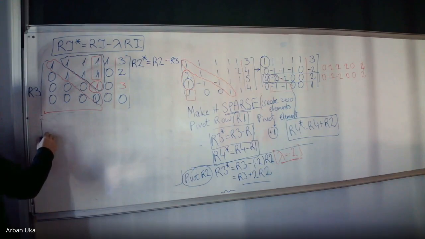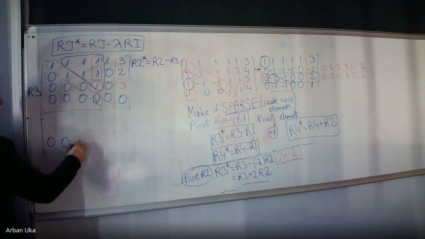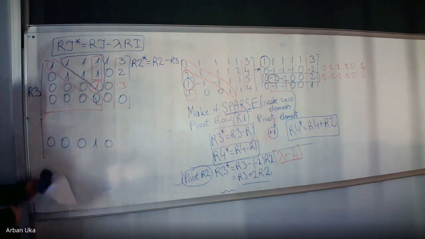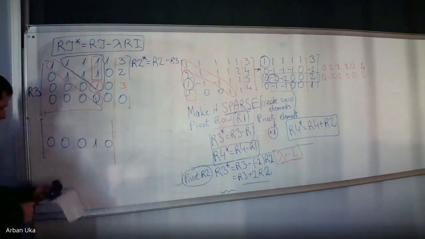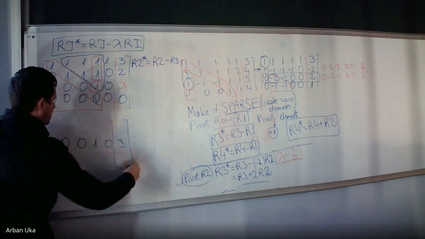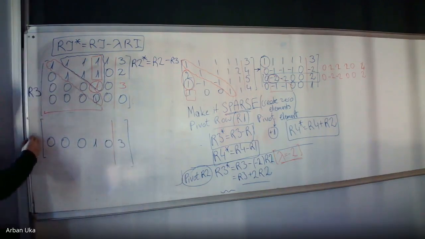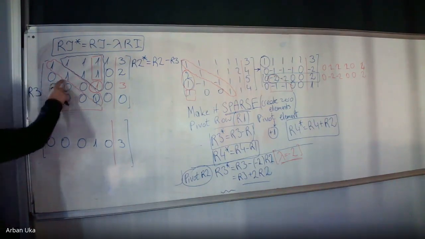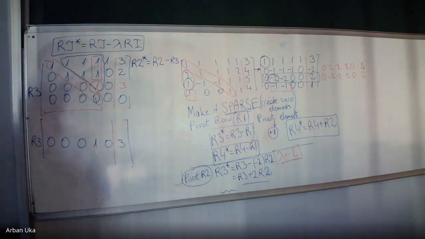This is 1, 2, 3. So the third row, 0, 0, 0, 1, 0, 3. So this is row 3, the pivot, and we do row 2 minus row 3.